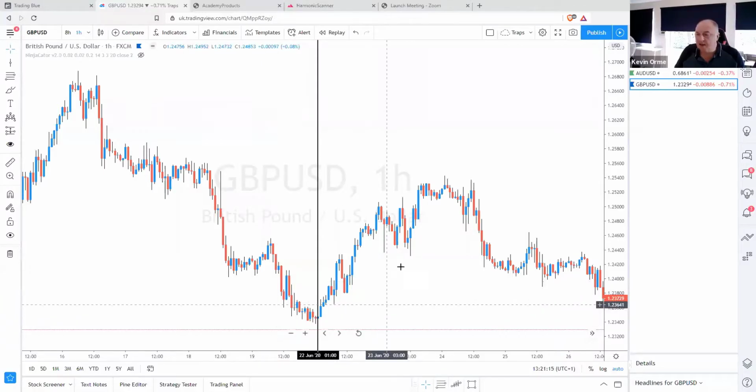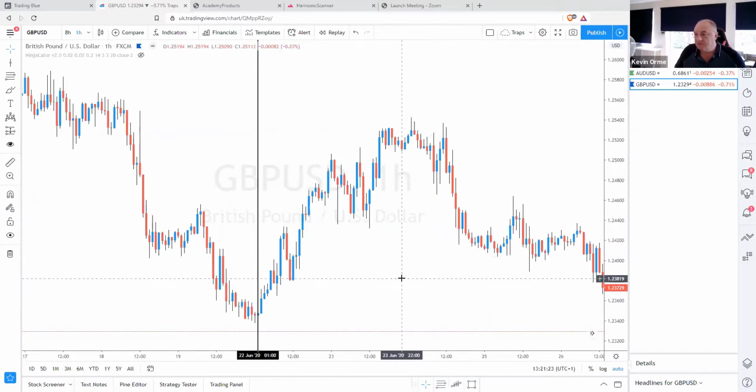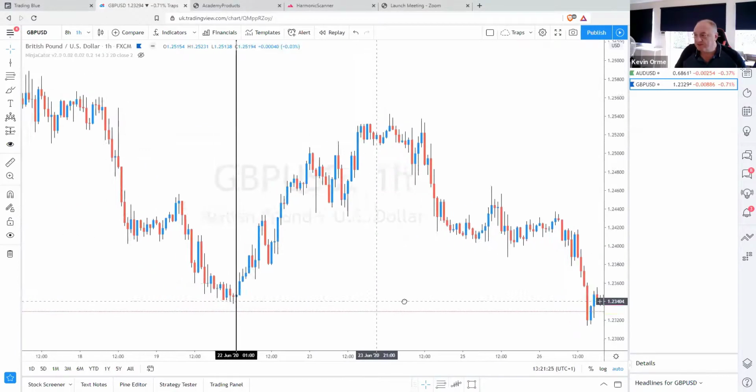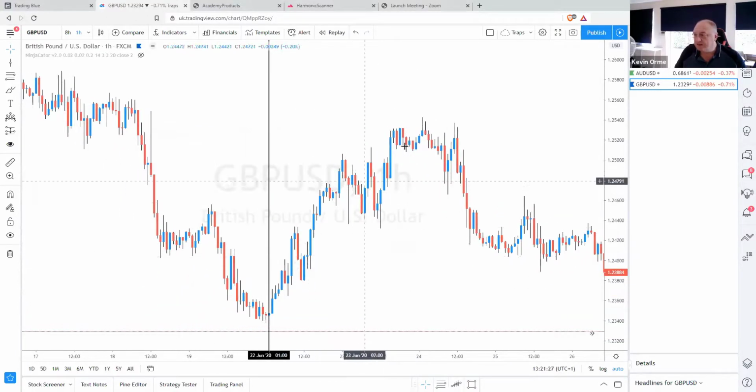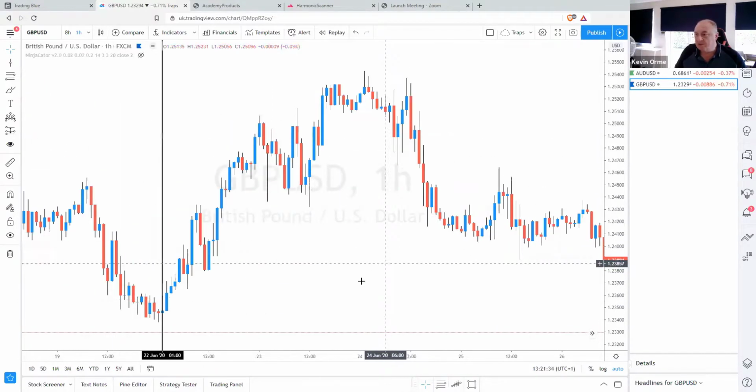Okay, so you see on my screen here, I just have a GBP USD. I'll take this from the novice level. For those that don't know much about Forex, these are just price bars, and the blue represents price going up, the red represents price going down. It's just like when you go on holiday and exchange British pounds for US dollars, you get a set rate.